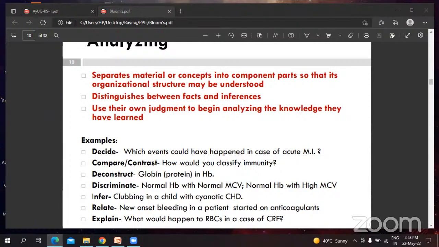You'll think that something caused occlusion in a coronary artery, which led to arrest of blood flow to the myocardium. When that arrest is 100%, when that artery gets totally occluded, the patient will develop necrosis of that part of the myocardium, right? And that will lead to hypoxia. The oxygen will not be supplied to that muscle, and that muscle will undergo necrosis, which we call infarction.